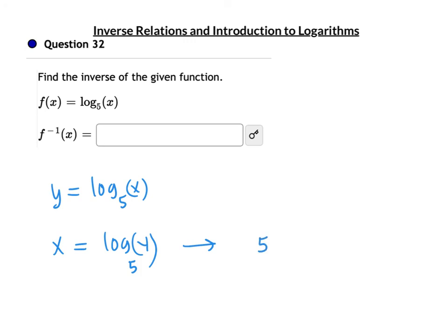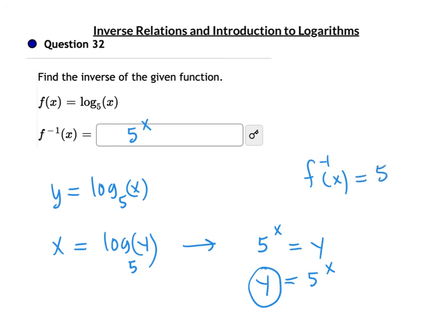The base is 5. The exponent is x because the log is equal to an exponent. 5 to the x equals y. In other words, y equals 5 to the x. And y is the inverse function. So f inverse of x is 5 to the x.